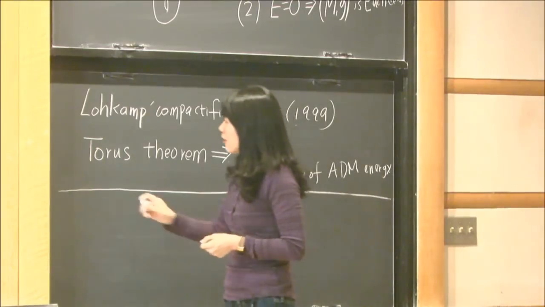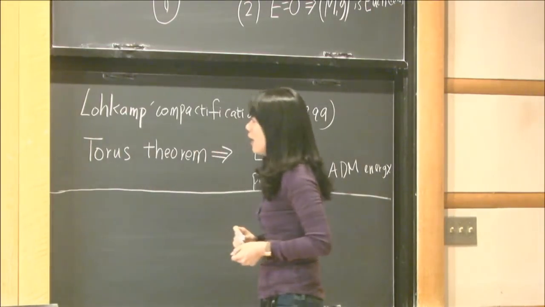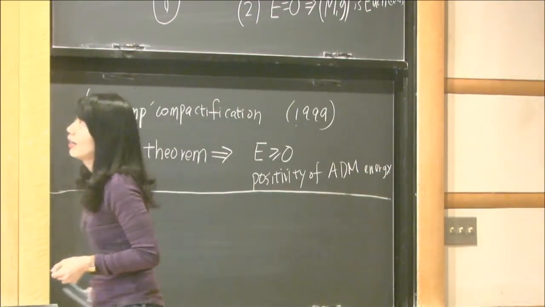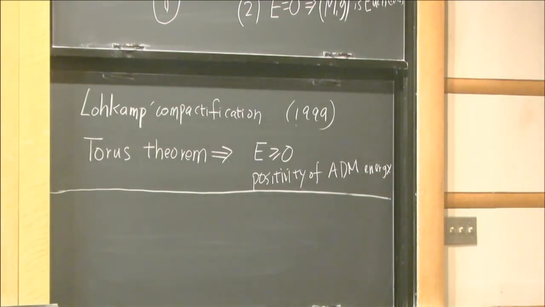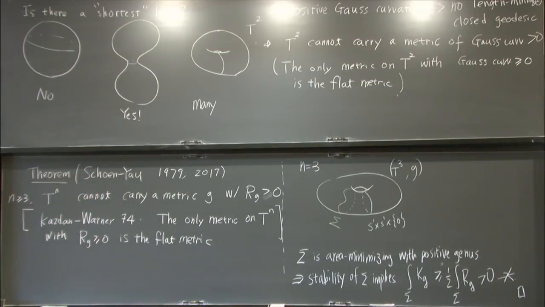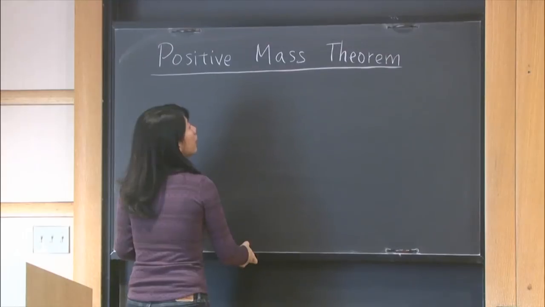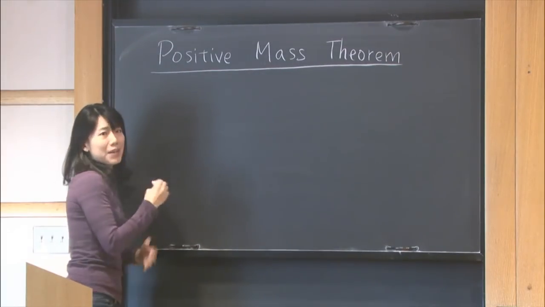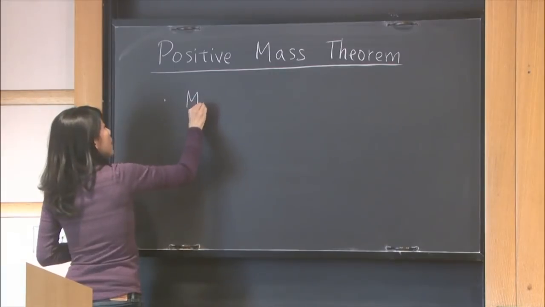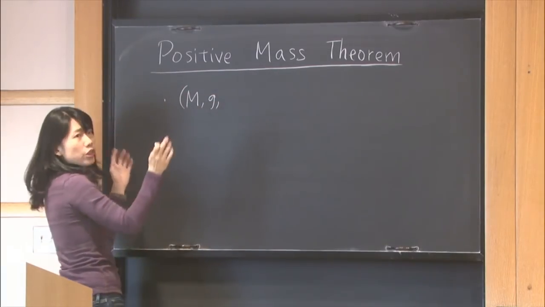So in general, we are looking not at asymptotically flat manifolds, but at what we'll call asymptotically flat initial data sets. It's just a Riemannian manifold that somehow carries additional structure.